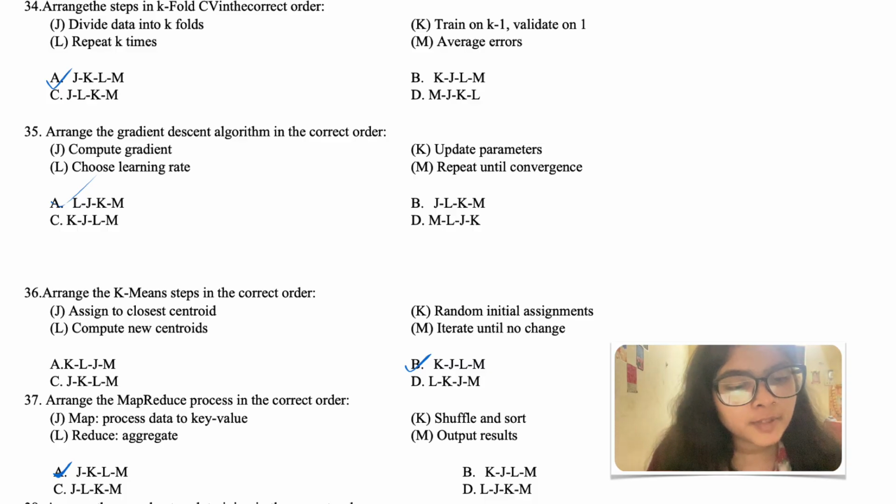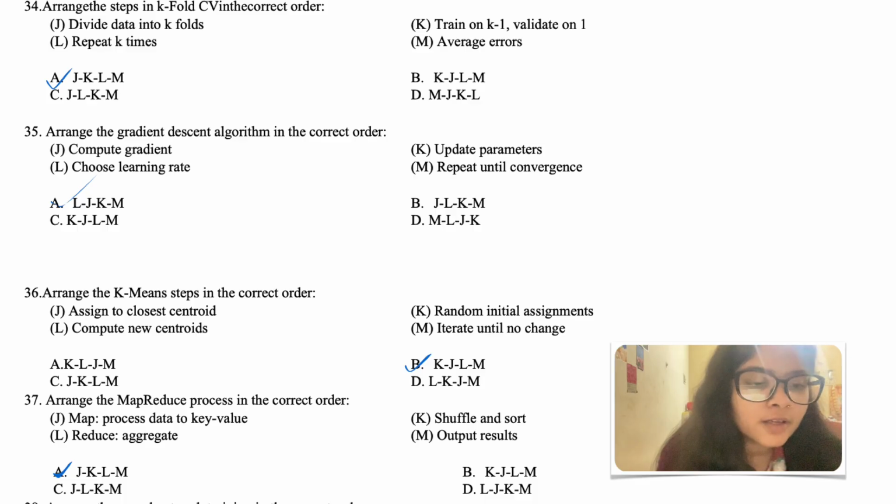Arrange the k-means steps in the correct order, which is question 36. So in k-means we first randomly choose points as centroids, then we assign nearby points to the closest centroid, then we again calculate centroids based on the mean of the chosen ones, and to the new centroids all the nearby points are again assigned to the closest centroids, and this is repeated until the assignment of centroids becomes identical, or you can say there are very minimal changes.